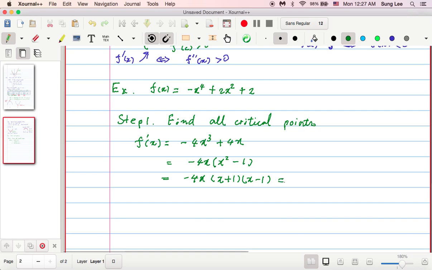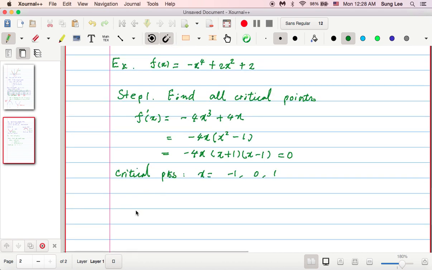And by setting this equal to 0, we get critical points x equals negative 1, 0, 1. Okay, so we get those things, right? And now step 2, so leave them there for now.